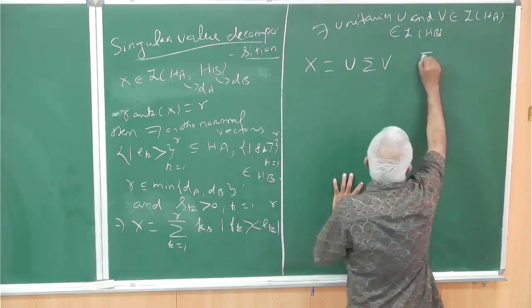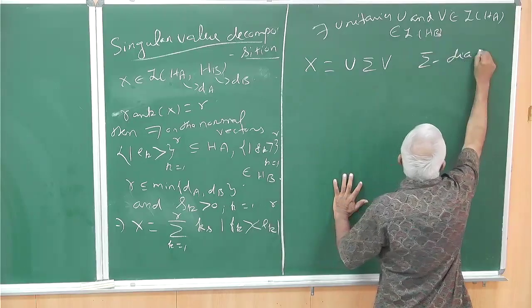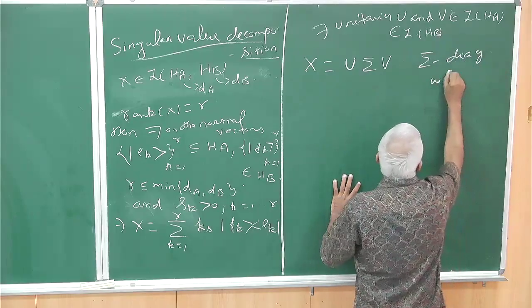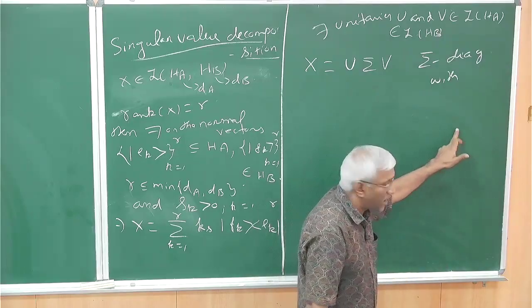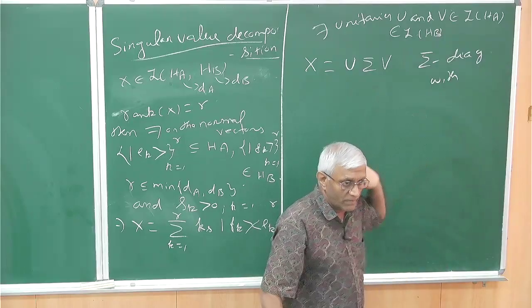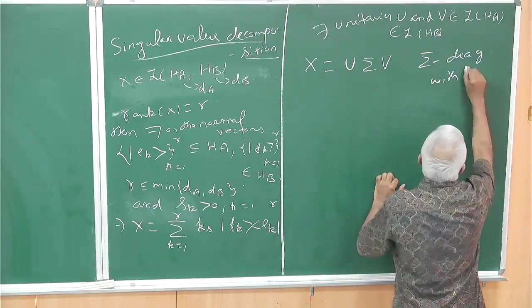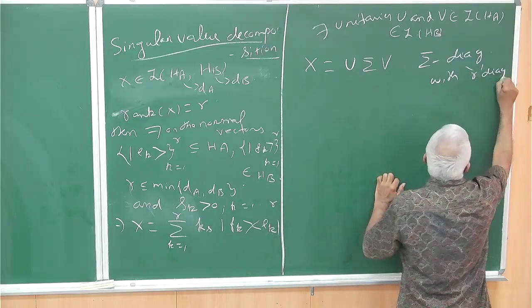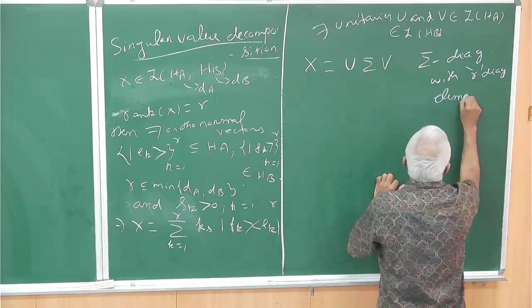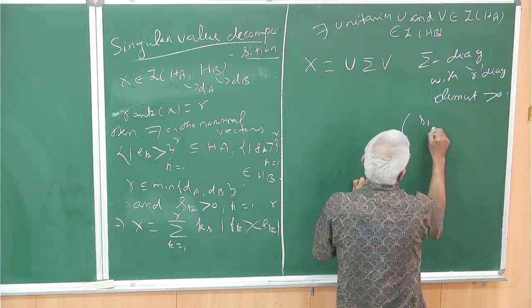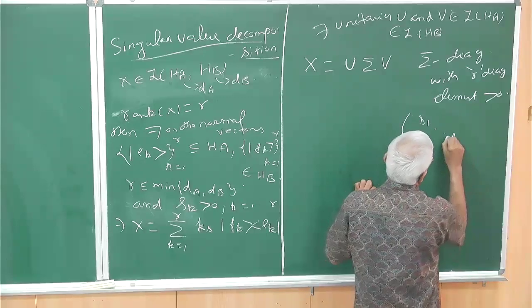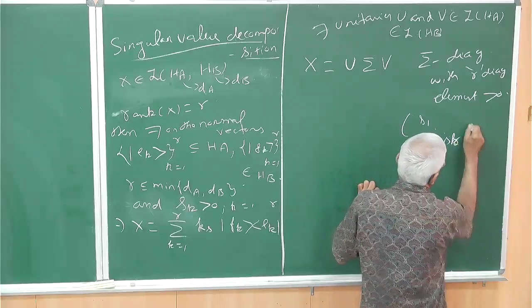And sigma is a diagonal matrix. It's a rectangular matrix, not a square matrix, but it has R diagonal elements which are strictly greater than 0, that is s_1 up to s_R, and 0 everywhere else.